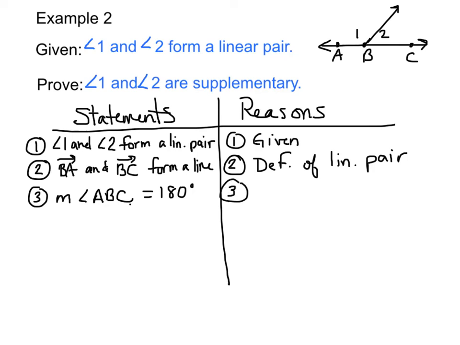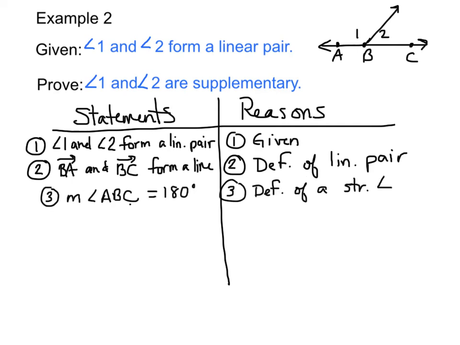Use common sense here. How do you know that's 180 degrees? Because of the definition of a straight angle. Because right here we're saying the angle is 180 degrees because we know a straight angle is a line, which is 180 degrees.